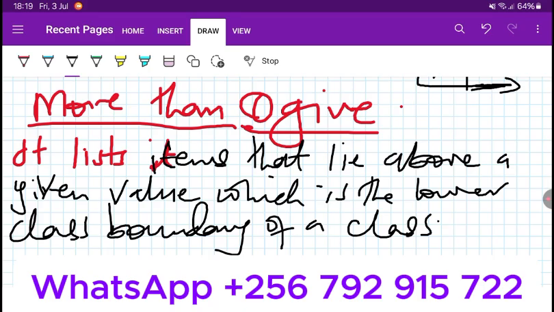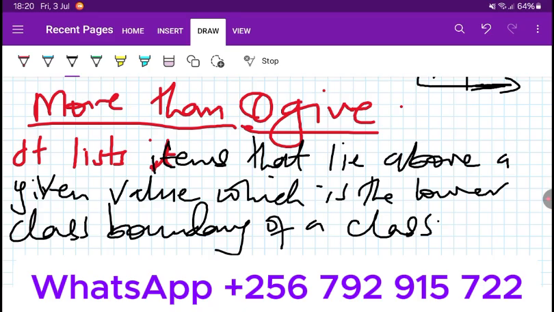So most of the times the examiner is going to give you a question, but most of the questions that we do, we don't get it when it is very specific, to the point that they want you to draw a more than or a less than.